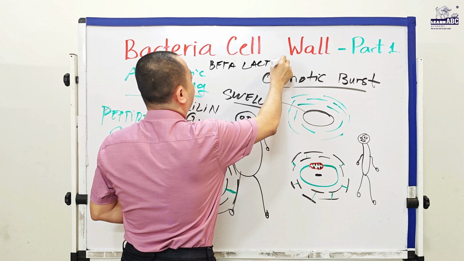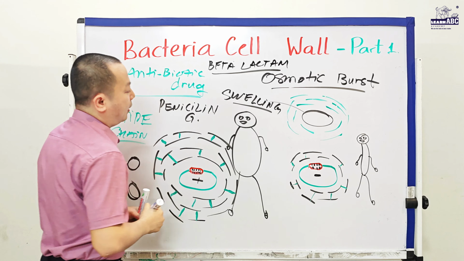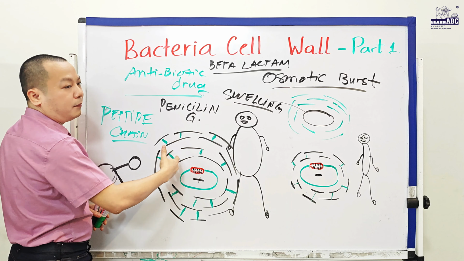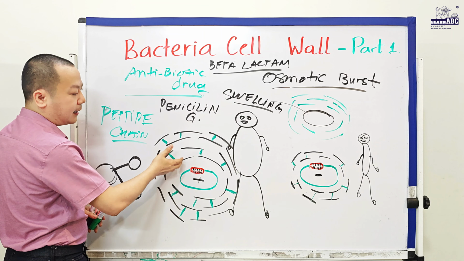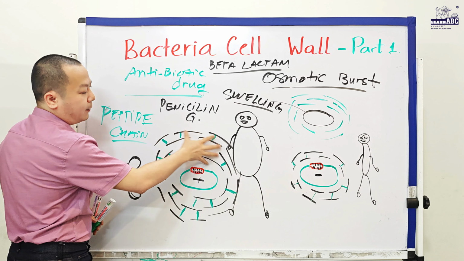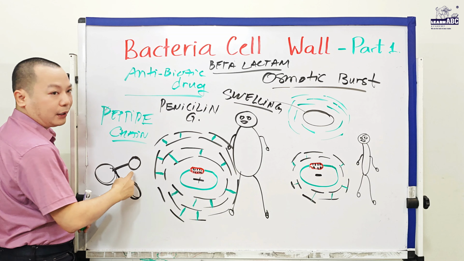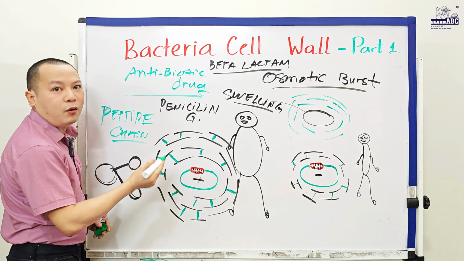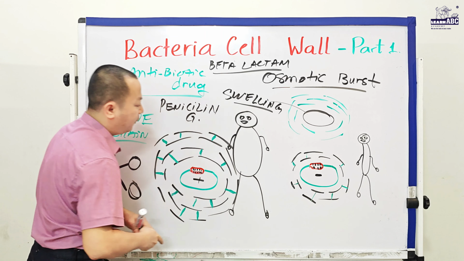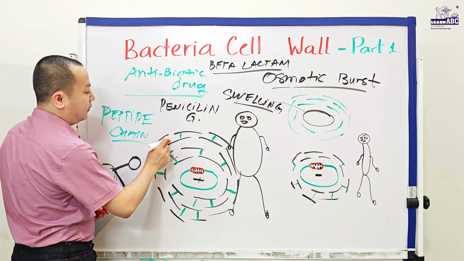This drug will come and prevent the formation, the synthesis, of the cell wall. So when the drug comes to the bacteria, it does not allow the new bacteria to make the cell wall. They will come and prevent the formation of this cell wall.